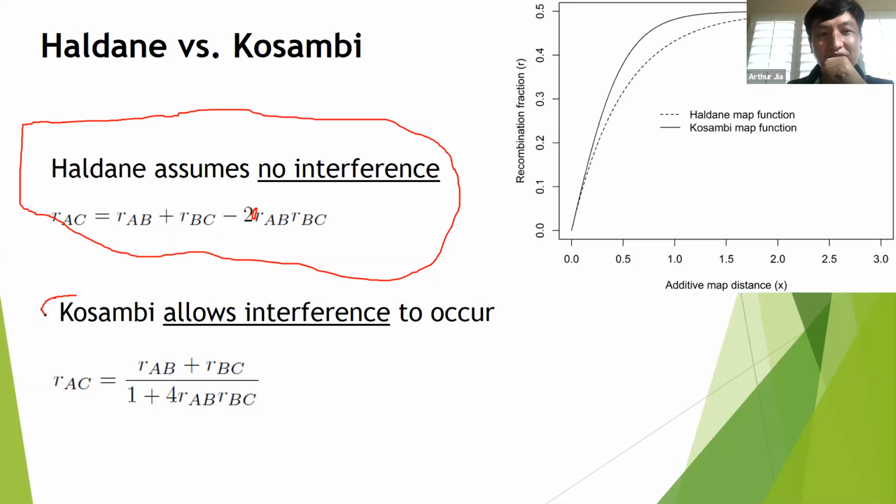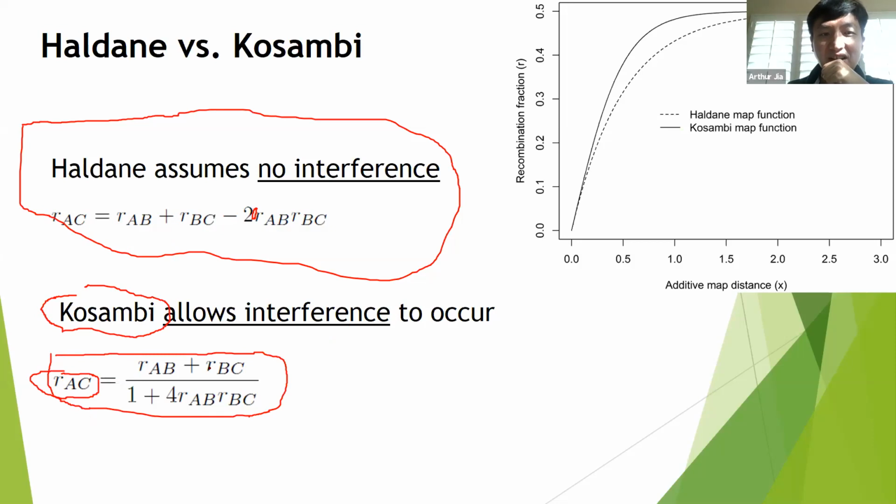However, if you use the Kosambi, here we allow the interference to occur. So then you're going to see this map function. On the left-hand side is the distance between A and C. On the right-hand side, you just use the distance between A and B or B and C to form a formula to express the distance between A and C.